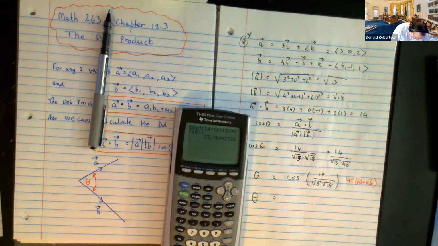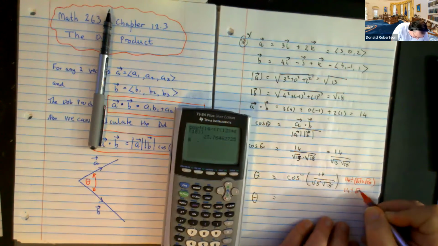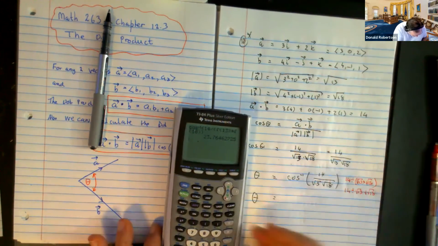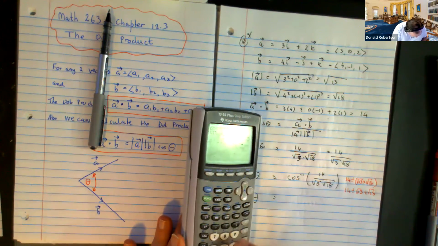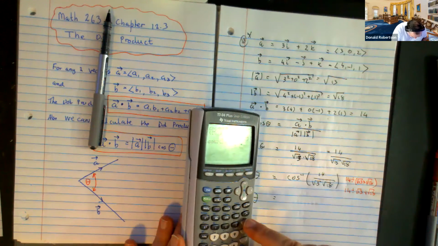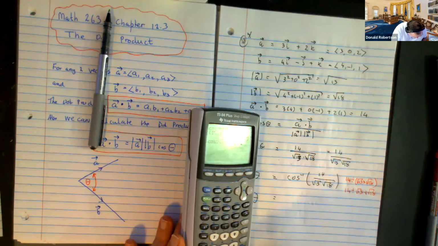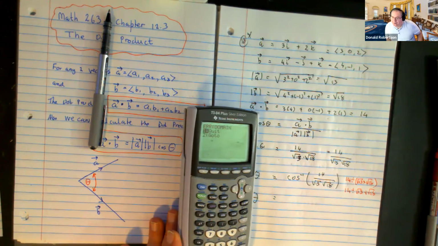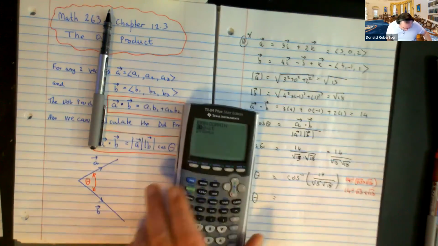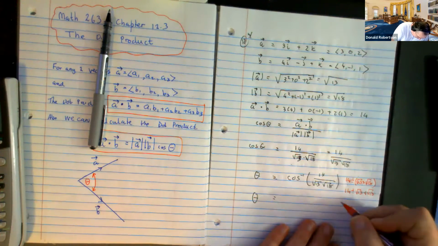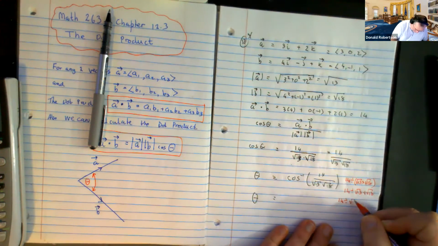If you don't have this set of brackets, error. And you might say, what the heck is going on there? Order of calculations is what's going on there. The calculator thinks I want to do that. That's fine.